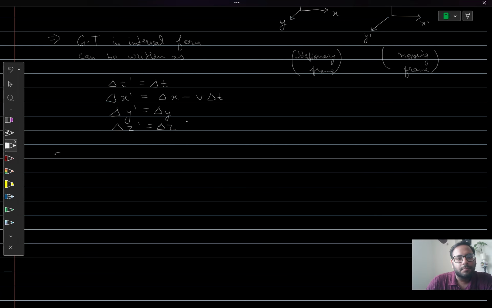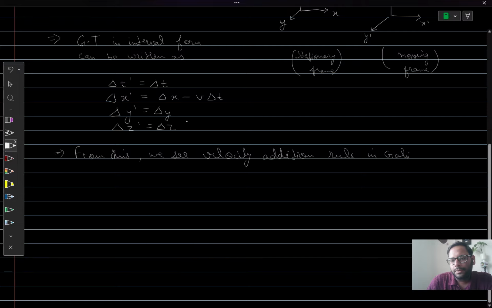And from this we see the velocity addition rule, in Galilean relativity, or say Newtonian relativity.